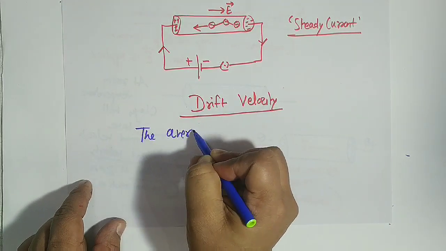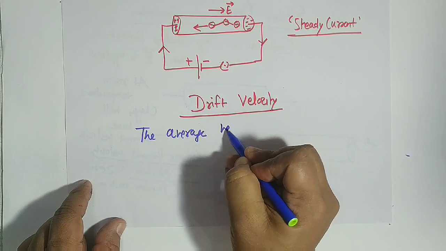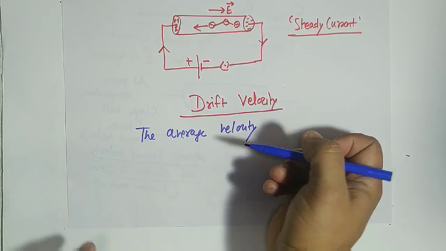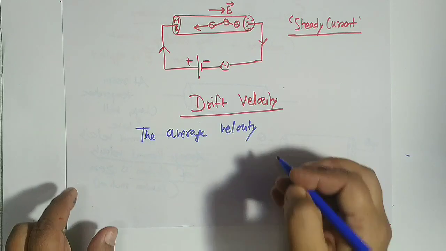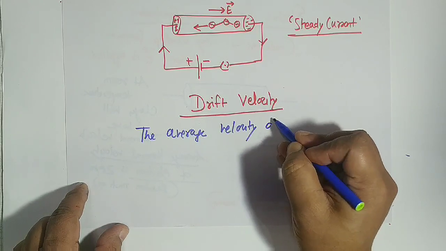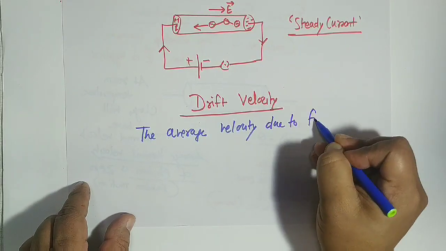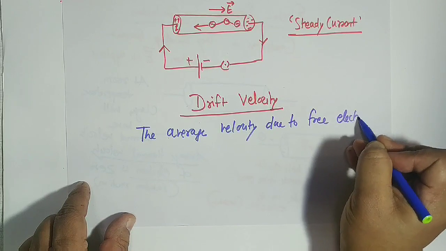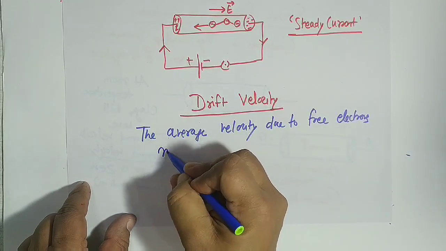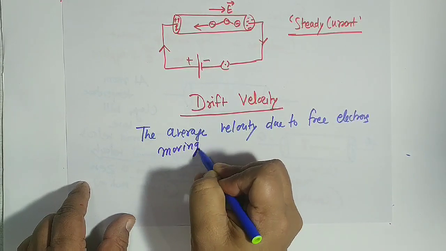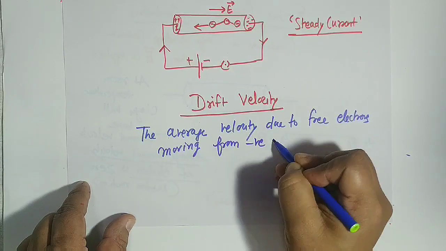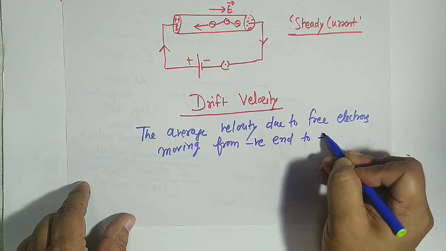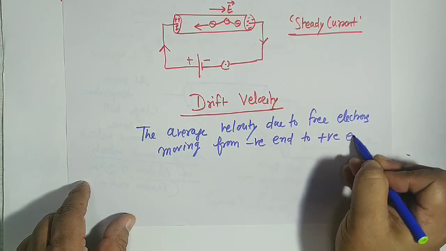It is the average velocity due to free electrons moving from the negative end to the positive end of the conductor.